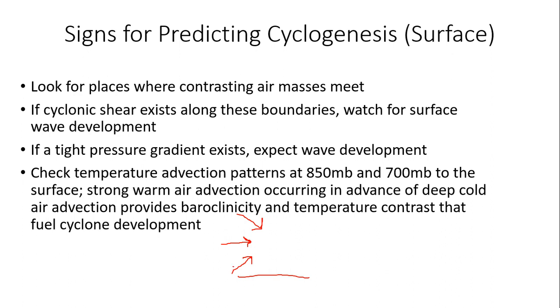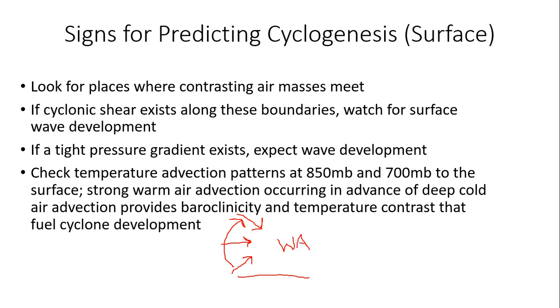Whenever the winds change direction with height like this, that's called a veering pattern. A veering pattern with height indicates warm air advection. Veering winds with height is warm air advection.